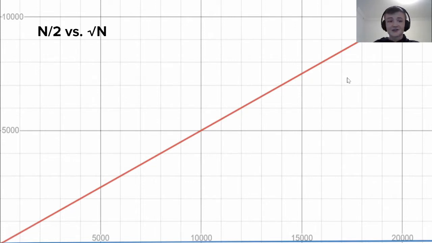As you can see, there's a drastic difference in the amount of tries it takes just to get the right index Y. So at a length of 20,000, for example, it would take around 10,000 tries with the classical algorithm on average. And then with our quantum algorithm, with the quadratic speed up, it only takes something barely more than 0, at least on the scale of this graph.